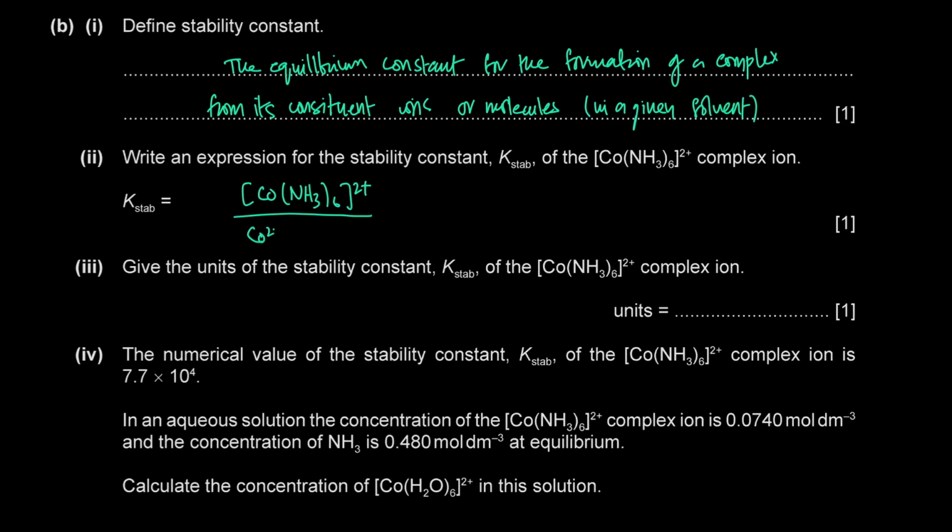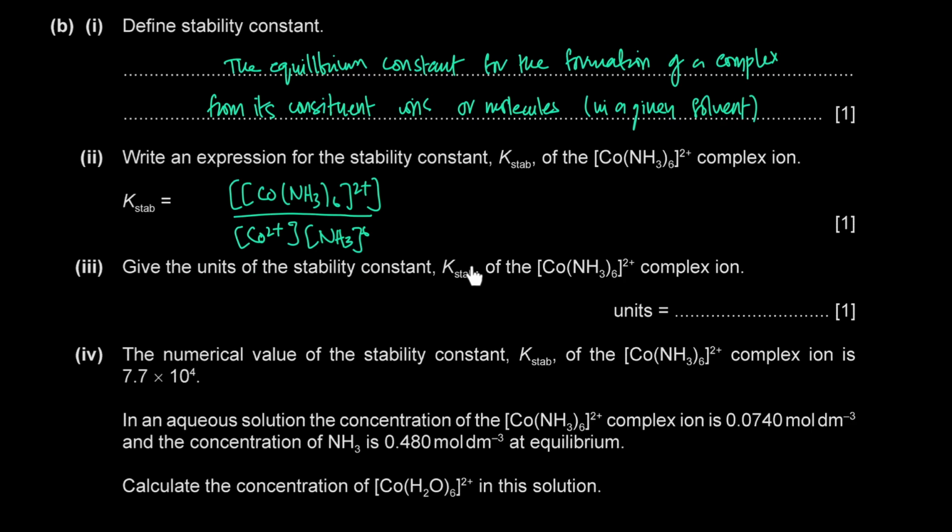So we have cobalt 2+ concentration, and we have 6 ammonias, so we have NH3 concentration to the power of 6. This ion over here is just the hexaaqua complex, so you can also write Co(H2O)6 2+, but in its simplified form, you can also just say Co2+.